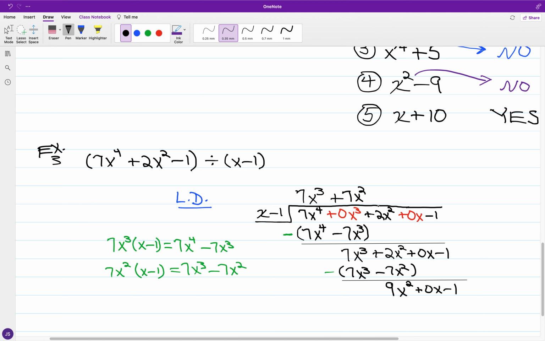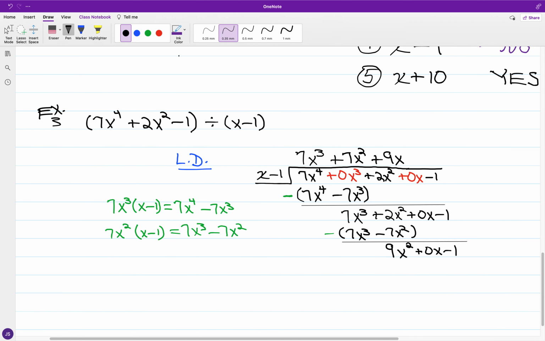And I can continue. Now we have x into 9x squared, which will go 9x times, and looking at distributing, we've got 9x squared minus 9x.